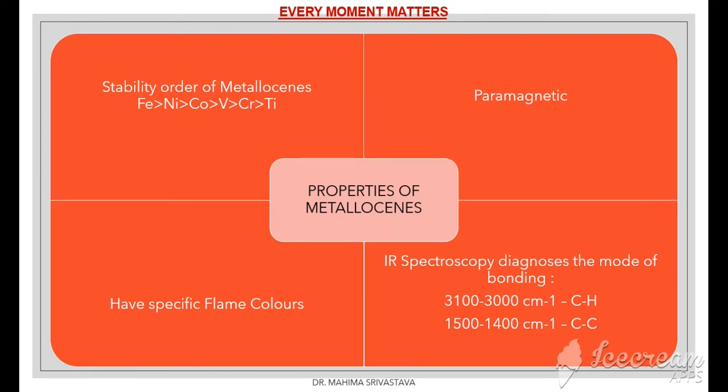Amongst other properties, the stability order of metallocenes gives maximum values for iron, nickel, and moving towards the end is chromium. These compounds are paramagnetic in nature. They have very specific flame colors, and IR infrared spectroscopy gives the bandwidth of the CH and CC bonds.